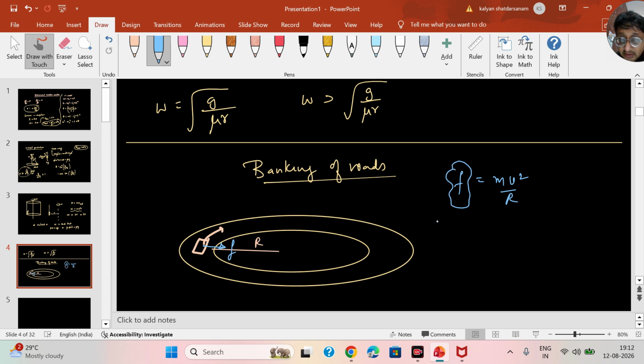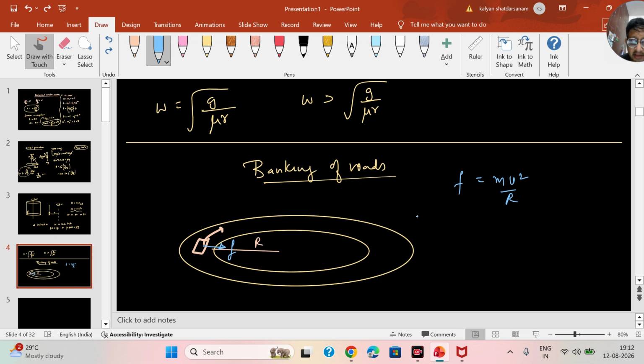And this is a static friction. It is acting sideways on the wheel. So as you try to take a turn and you want to increase the speed, you are saying to friction, come on, I want to take a turn at a greater speed. So I want to have a greater acceleration, so you provide me the greater force. Friction says, okay, I'll adjust.